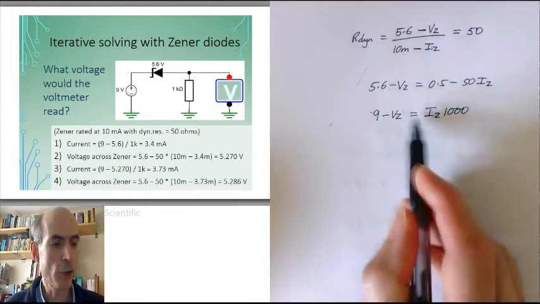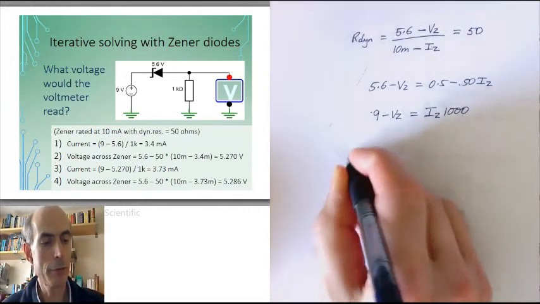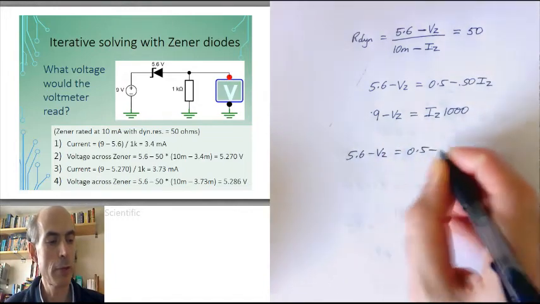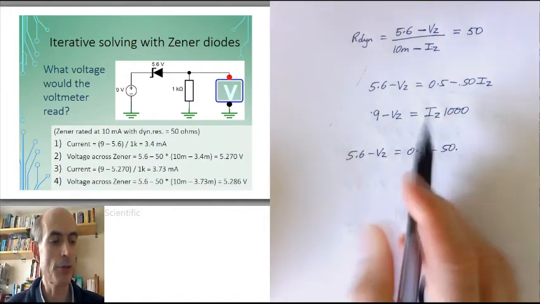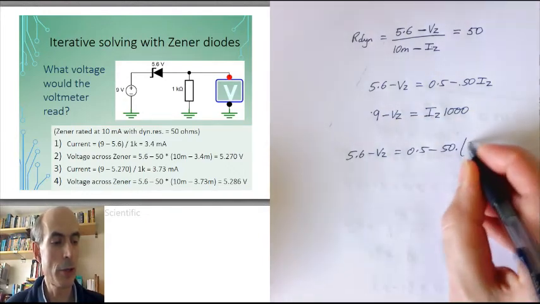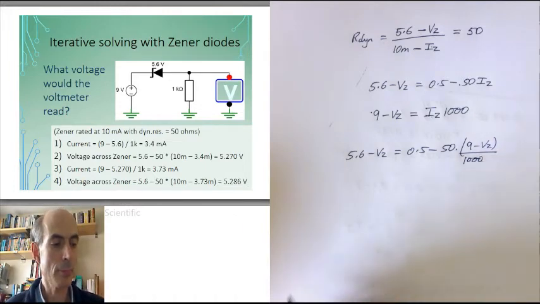I just use this equation to substitute into that one. And that would give me 5.6 minus Vz equals 0.5 minus 50 times Iz. And I can get Iz from here. It's equal to 9 minus Vz over 1,000. And from here on in, it's just algebra.